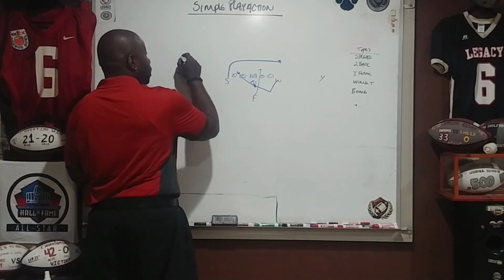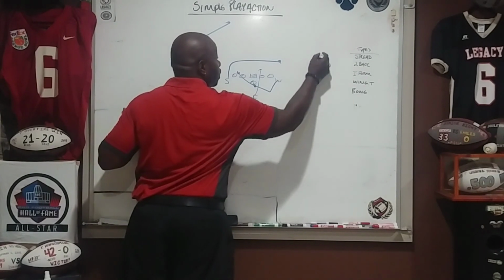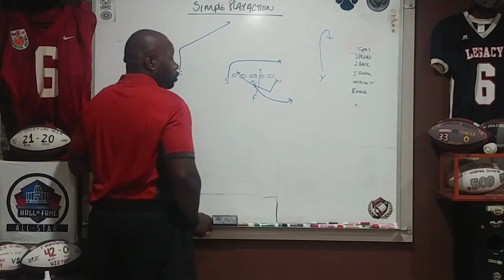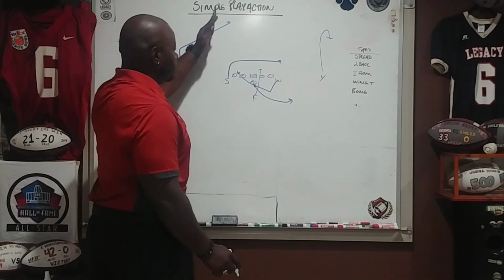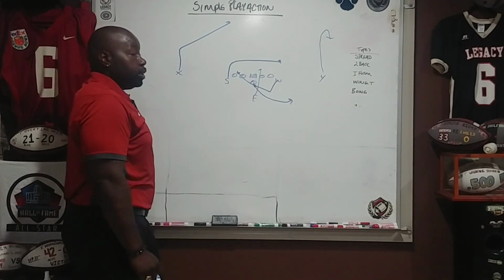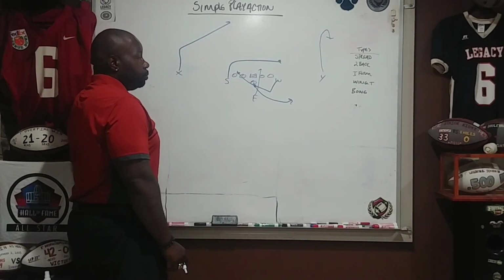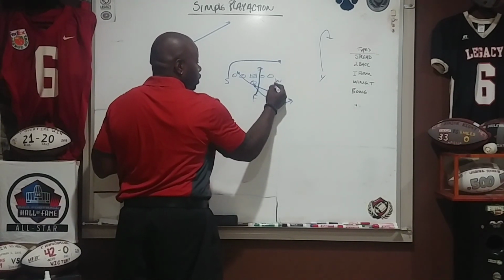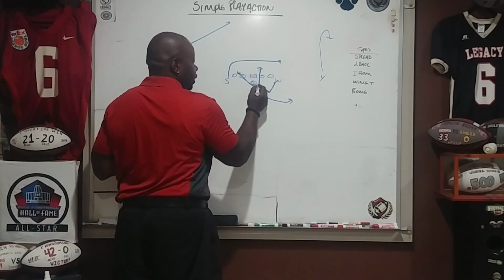And we'll run the counter boot. We've got a drag, we've got a comeback, and we've got something coming off the backside. This is our counter boot out of wing T. Run the counter, fake the dive, bring our wing back. He's giving a double fake.